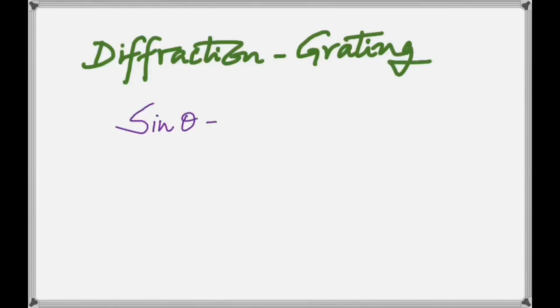Diffraction grating. This is the only formula you need, but you need to know what the terms stand for. This is called the grating law. What's N? See, here don't go total number of turns. I know it's the number of turns, number of slits. I'm saying turns. Oh my goodness, number of slits in 1 meter.